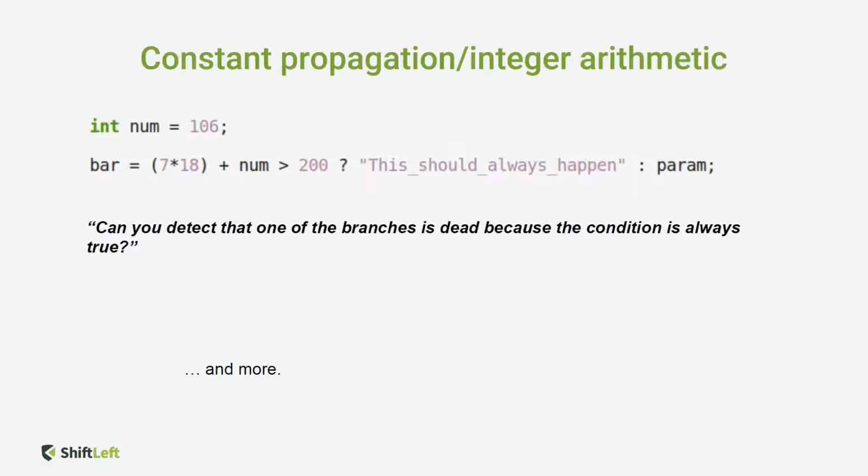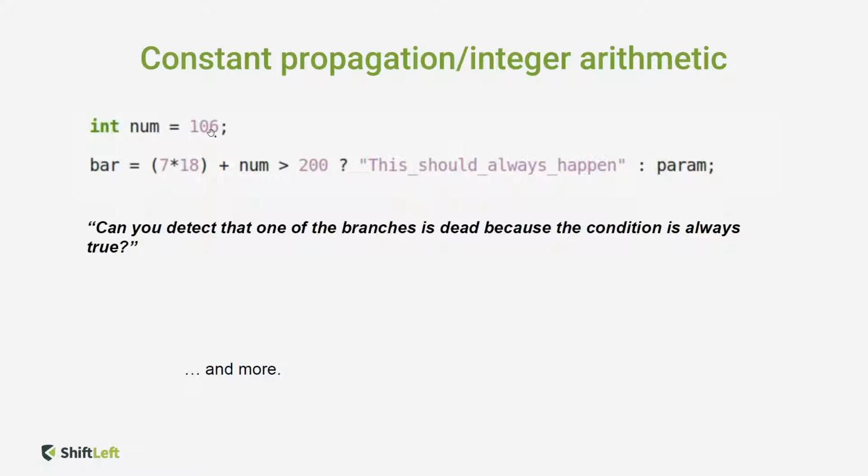And finally, there are a lot more, I think, but this should be the most important ones. They are checking for basic abilities to do constant propagation and some math on integers. Here you have some sample code where there's a condition that is always true.